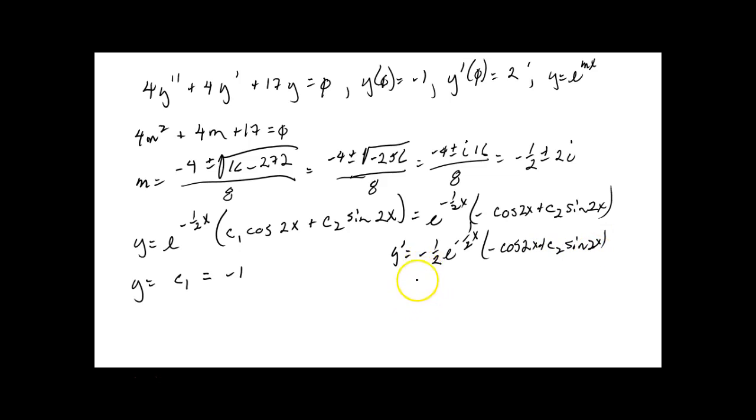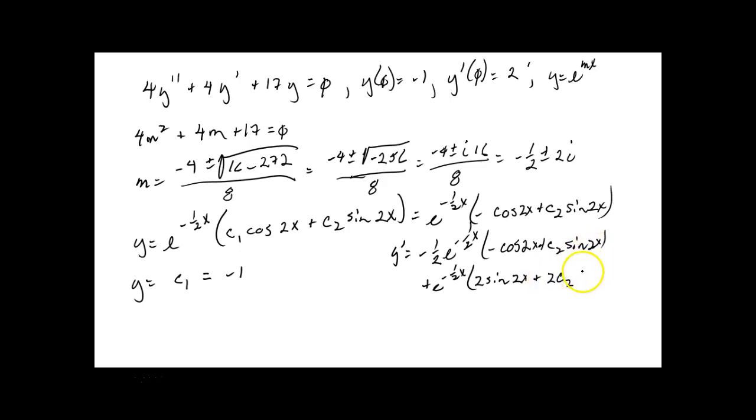And now plus e to the negative 1/2 x times 2 sine 2x, plus 2C2.